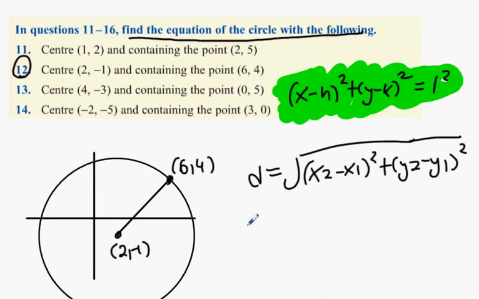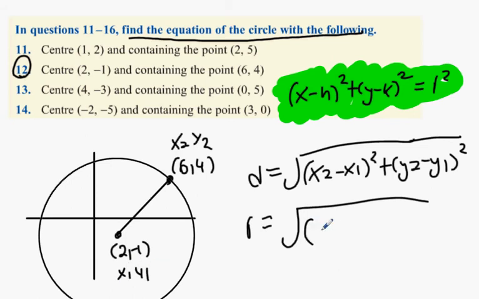So what we can do is this: radius equals the square root of (x2 minus x1), oh sorry, x2, y2, x1, y1. So what we're going to do is (6 minus 2) squared plus, what's it, 4 minus 1, isn't it? What's minus 1? So 4 plus 1 then, yeah?